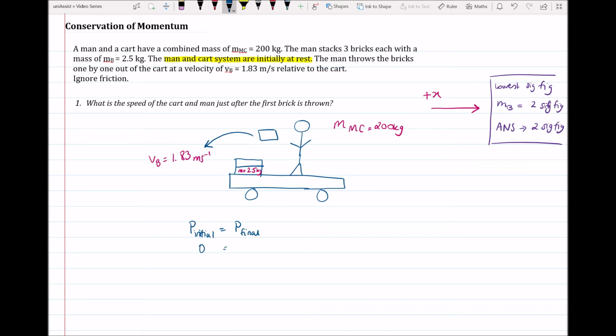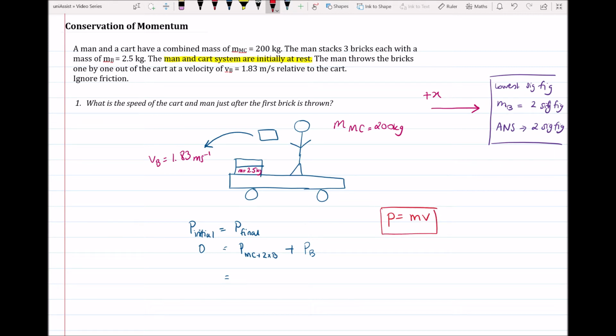My P final is equal to my P of the man and cart system plus the 2 bricks. So it will be P MC plus 2 times the bricks, plus my brick that has been thrown out at that velocity. And we can simplify this as, so the general momentum equation, I'm sure you know, is P is equal to mv.